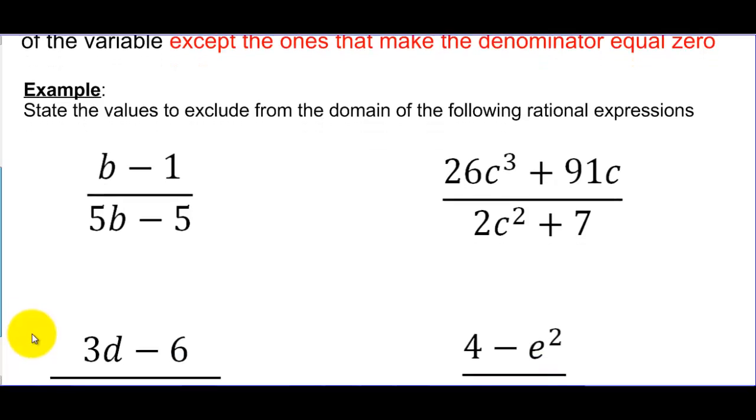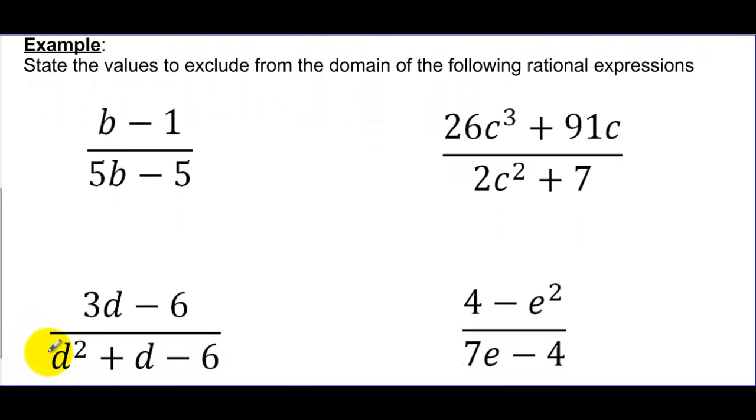These are the same examples that we've already simplified. But if I look at this first problem and I ask, what's going to make the denominator 0? I really am just focusing on this part of the problem. Let's pull that out, 5b minus 5, and I'd like to know when this equals 0. This is an equation that I can solve.